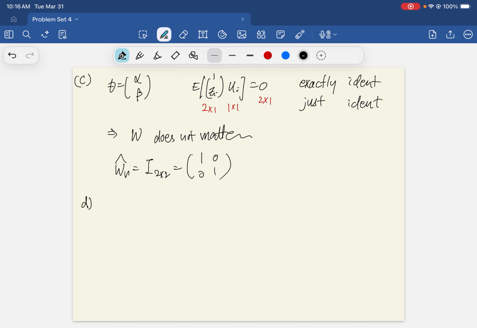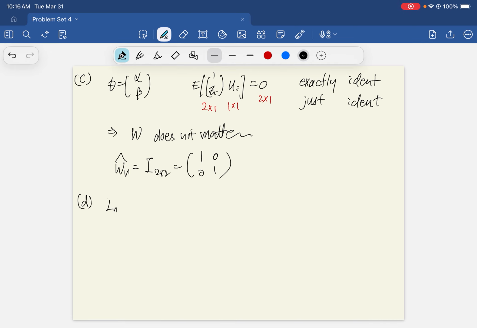Now then, let's think about the GMM criterion function. Let's say L hat of theta will look like g_n(theta) transpose. I will ignore the weighting function, that does not matter. So we will have something like this.